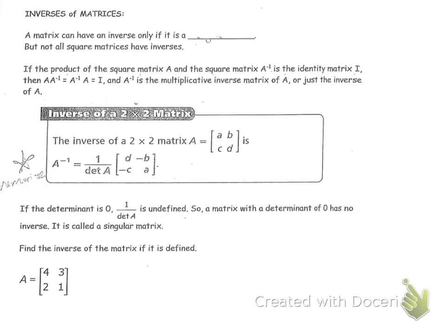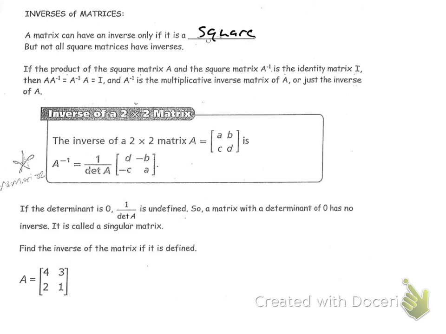All right, next part, inverses of matrices. A matrix can have an inverse if and only if it is a square matrix. But not all square matrices have inverses. If the determinant of a matrix is 0, it's not going to have an inverse. Then, if we multiply a matrix by its inverse, the resulting matrix is an identity matrix, which is kind of like getting 1.